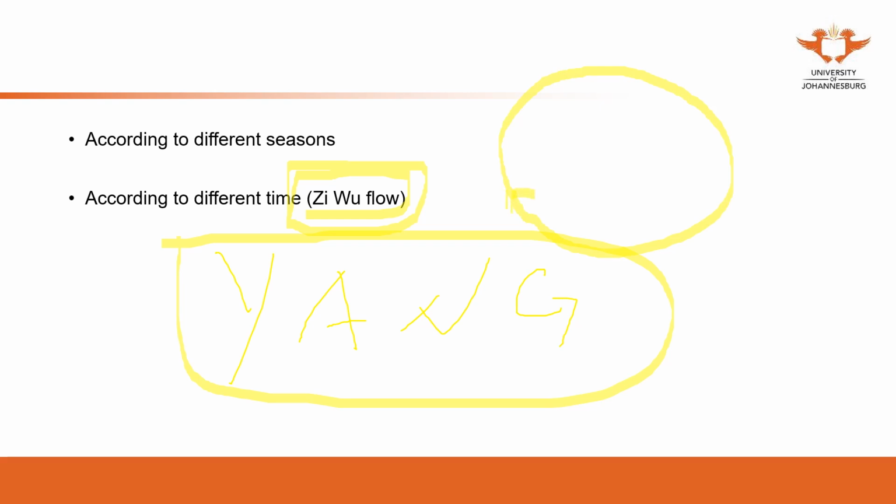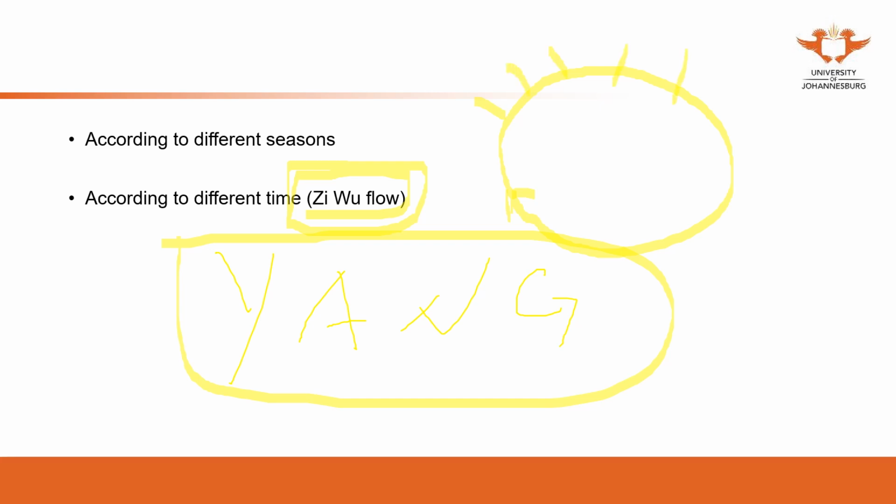So if you don't remember this, you need to go back to the basic theory, as well as the acupoints and meridians. If I'm not wrong, we introduced in the basic theory the meridian session, the introduction to the meridians. The 12 meridians link to each other, they flow, and they have different time periods.